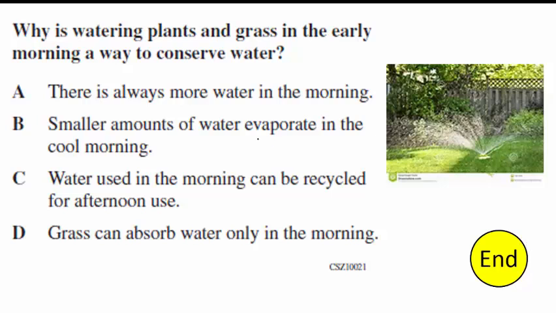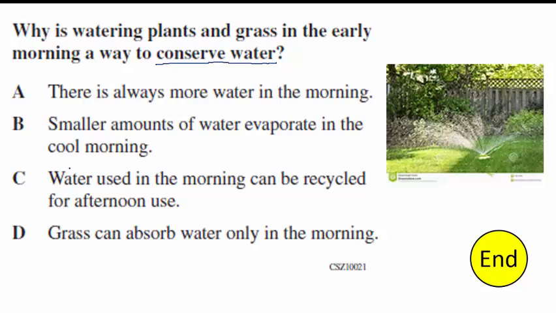Why is watering plants and grass in the early morning a way to conserve water? Well, when you wake up in the morning, you go into school, or in the summertime, and you see people running their sprinklers early in the morning, there's a reason. The sun has just come out, but as the day gets hotter, the sun will actually evaporate more of the water.